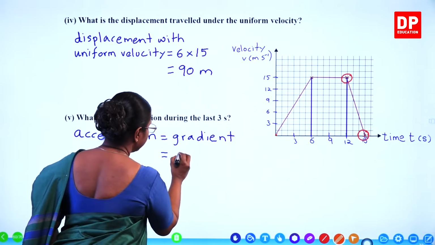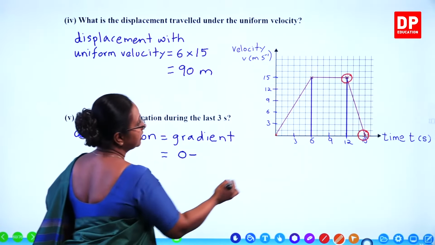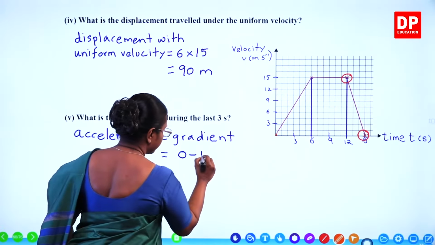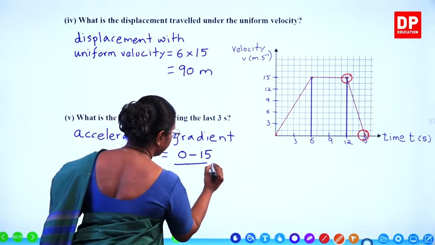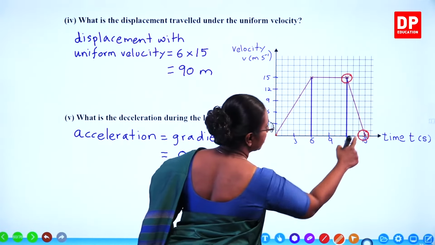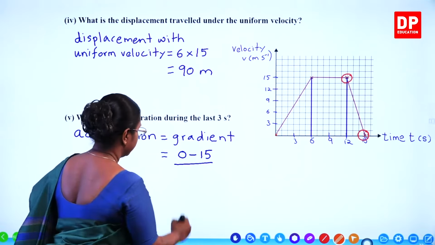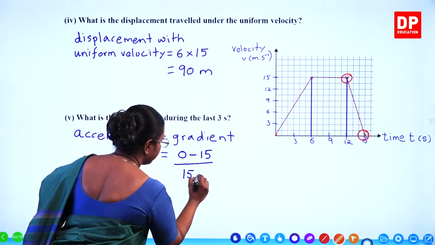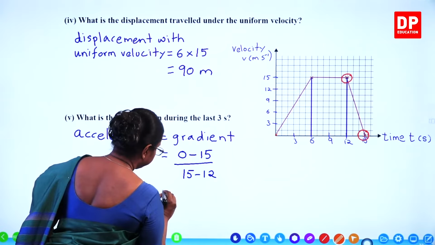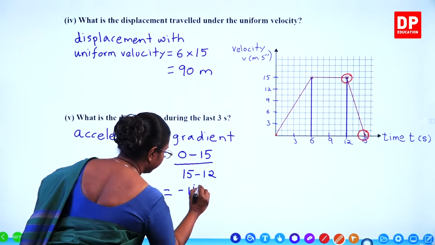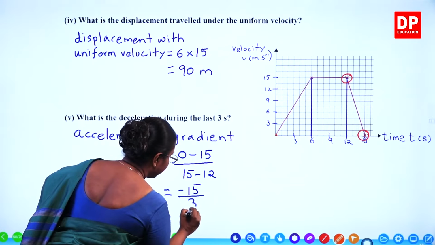So the final coordinate is 0 for y. So 0 minus the first coordinate here, which is 15. So we write 15 there, and for the x values, 15 seconds and 12 seconds. 15 minus 12. If we calculate the value, it will be minus 15 divided by 3.